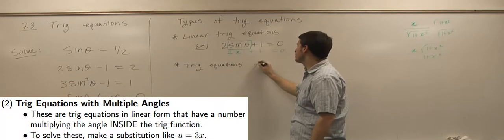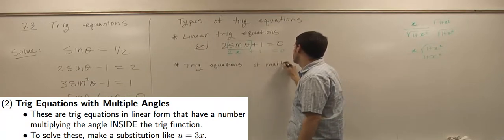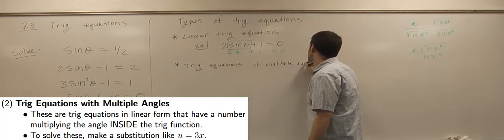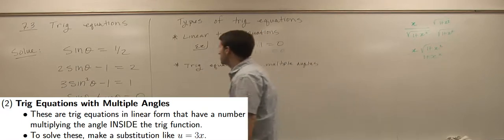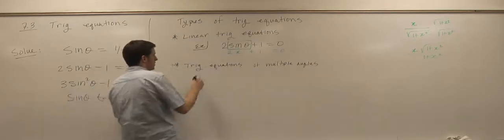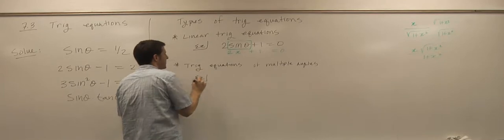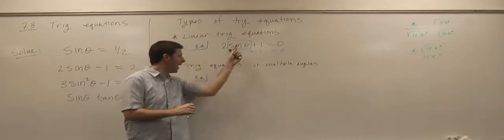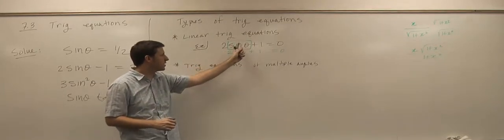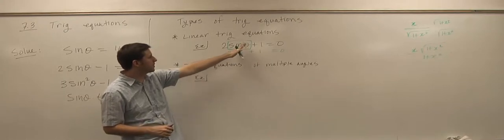There's trig equations of multiple angles. So what I mean with this, you're still going to have the first power on your trig function. You're not going to have any squares or cubes or anything funky.